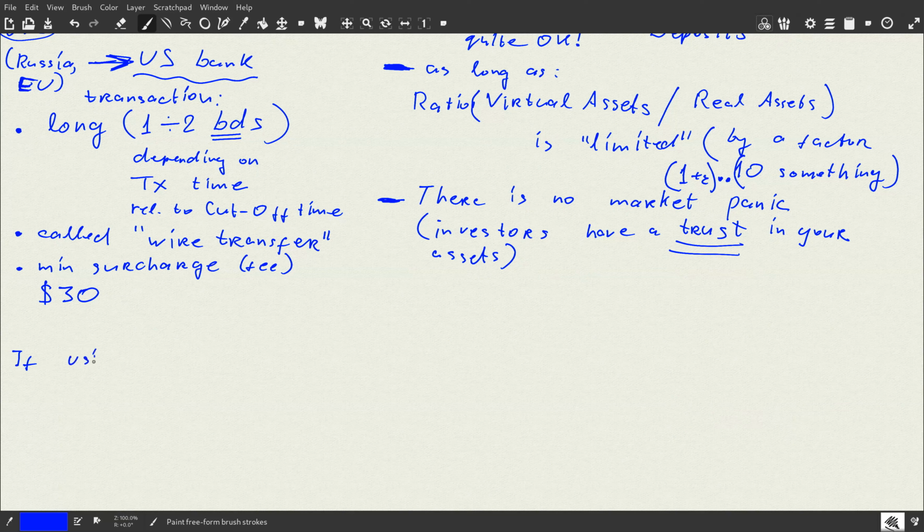If using USDT, USDT is implemented nowadays on top of 2 networks, as I mentioned. One of them is originally Omni, which is a clone of Bitcoin, if I remember correctly. And now USDT is available over Ethereum as well.